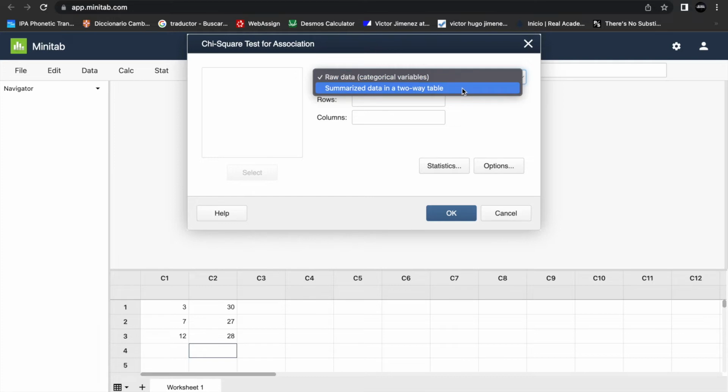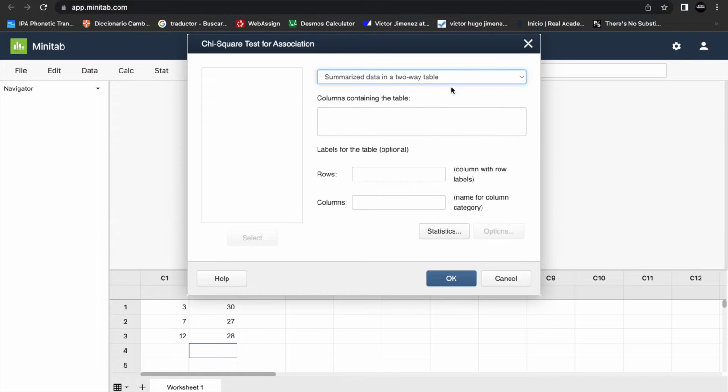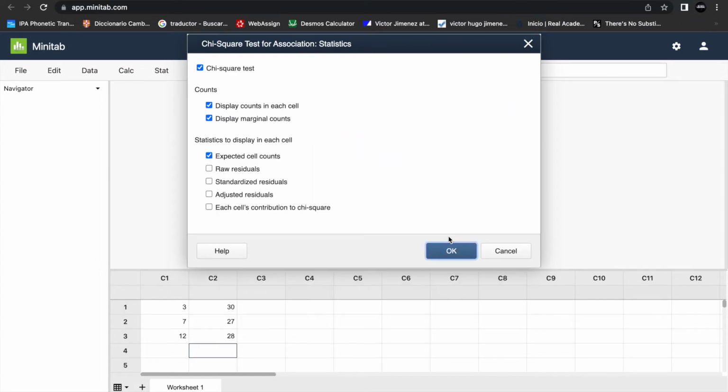Choose the option summarize data in a two-way table. Then in columns containing the table, C1 and C2. If you want to put in a name for the rows and the columns, you can, but again, you don't have to.